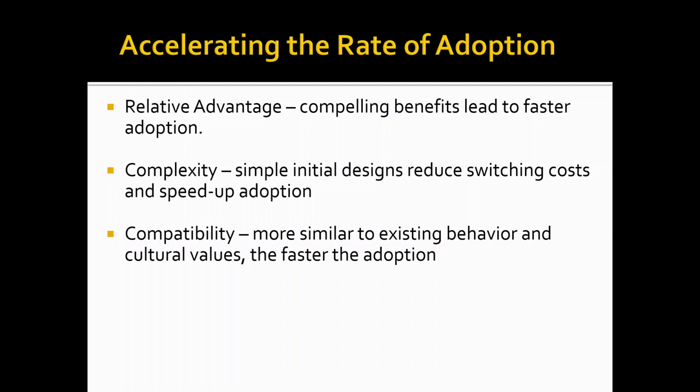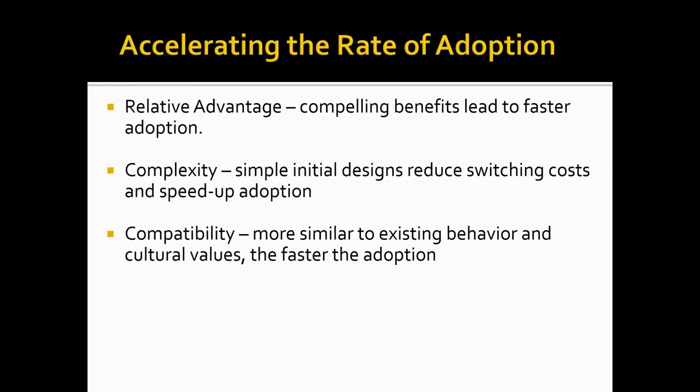Compatibility. The more similar an innovation is to the way we do things now, which we might call evolutionary, incremental, or continuous, the faster people are going to adopt it. The more revolutionary, the more discontinuous it is, the longer it's going to take because it's so different.